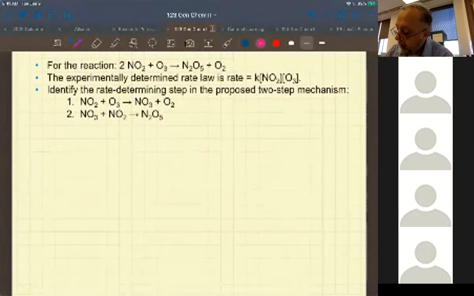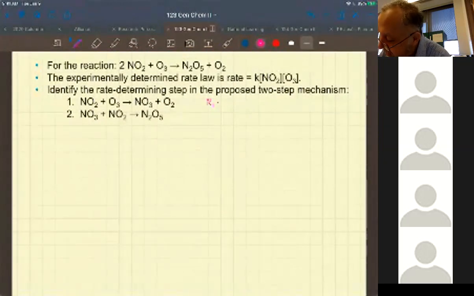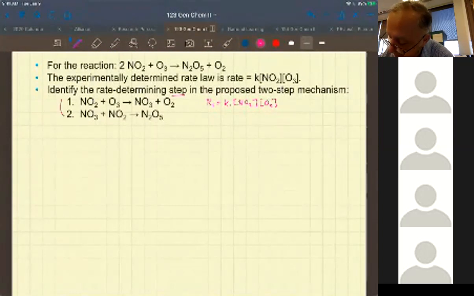So we can write the rate law for this one. So we can say a rate of 1 is going to be k1, concentration of NO2, concentration of ozone to the power of 1. I can do that because these are steps. This is the mechanism.